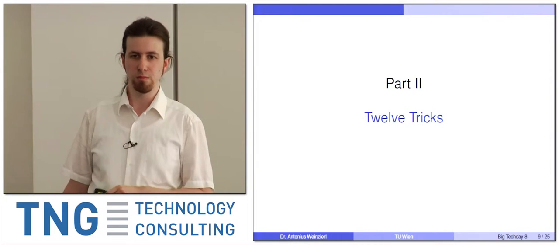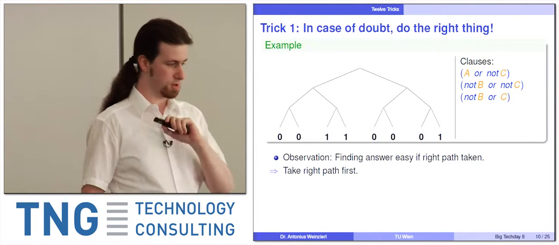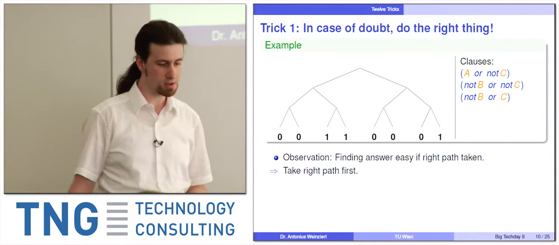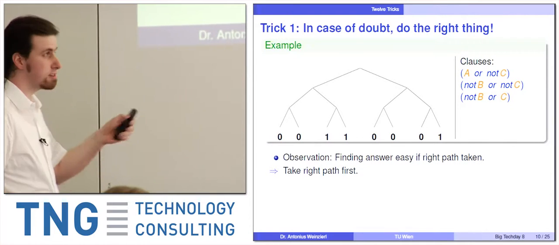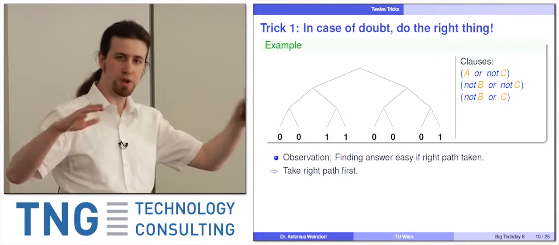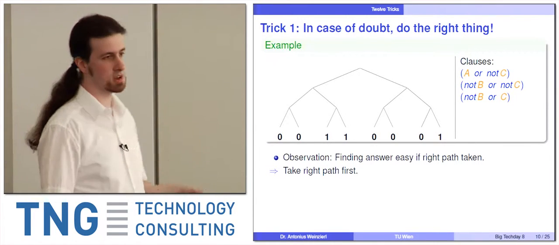So now for the tricks. The first one: in case of doubt, just do the right thing. That's easy. We have this tree with the binary decisions, and we have some zeros and there are some ones.